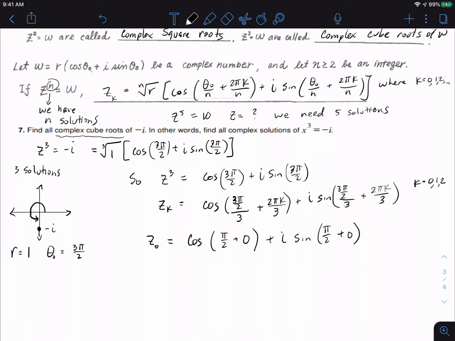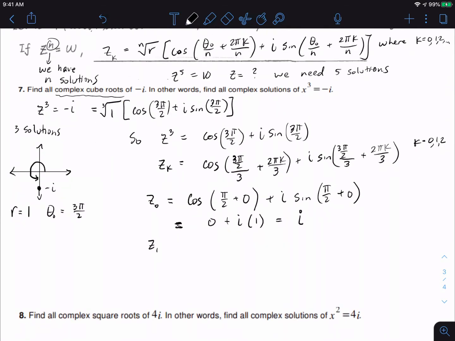So this is going to be cosine of pi over 2 is 0, plus i sine of pi over 2 is 1. And so my solution to this first one is simply going to be i. So z naught is i.